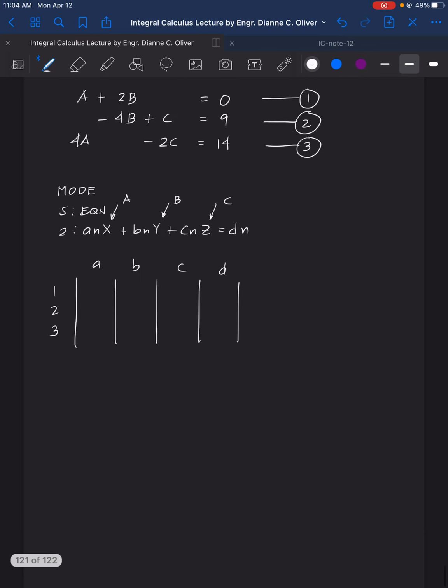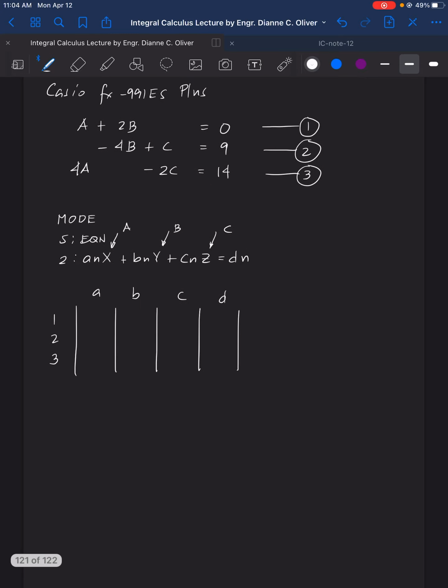So remember equation 1 here. For equation 1, for A, we have there 1, 2 for the B, and then you don't have any C. And then for D, you have the value of 0. For A here, there's no A for the second equation. Then you have here negative 4B plus C, and then we have here 9. Then we have here 4, then we have 0 for B, and then negative 2C. Then we have here 14.